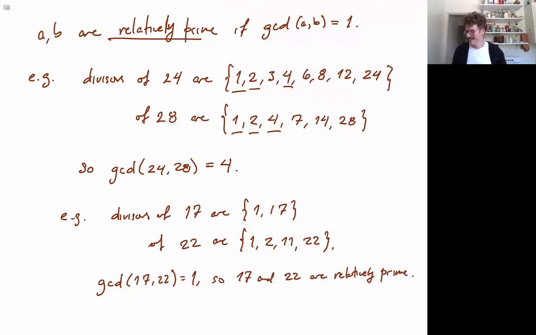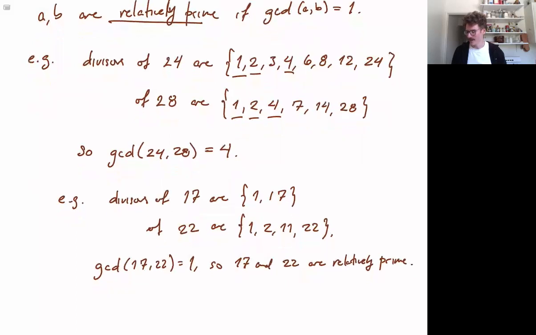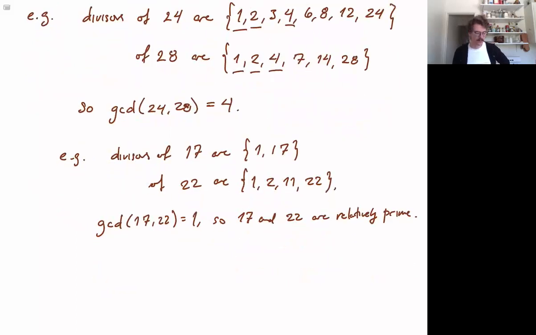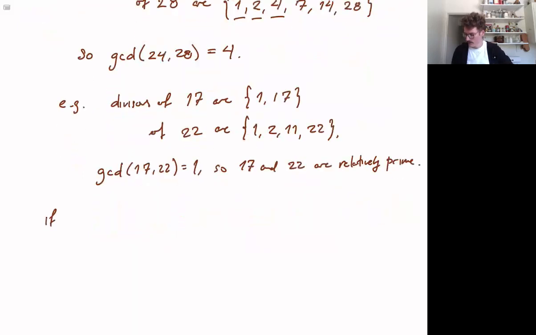So certainly writing down all the factors is not the only way of doing this. Maybe an easier way, if you know the prime factorization, is that you can read it off from the prime factorization.